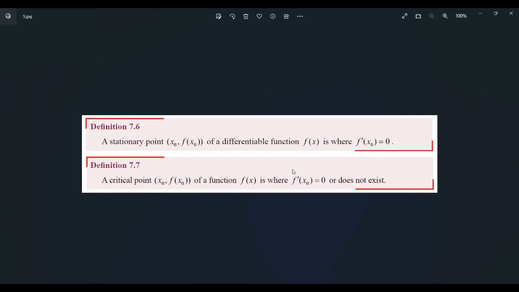The second definition is a critical point. A critical point x naught comma f of x naught of a function f is where f dash of x naught is equal to 0 or does not exist. So a critical point covers both the stationary point and the point at which differentiation does not exist.